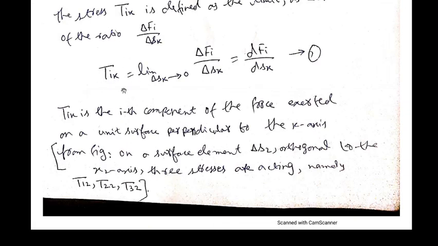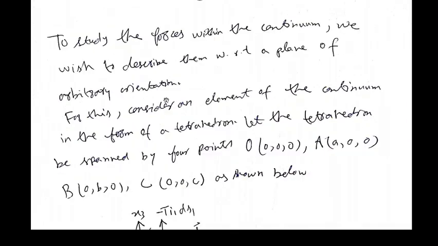We have these 9 components Tik, and these are the components of a second order tensor. We can have 9 components from this equation number 1, T11, T12, T13, like this up to T33. But before that, we must have an expression for traction.